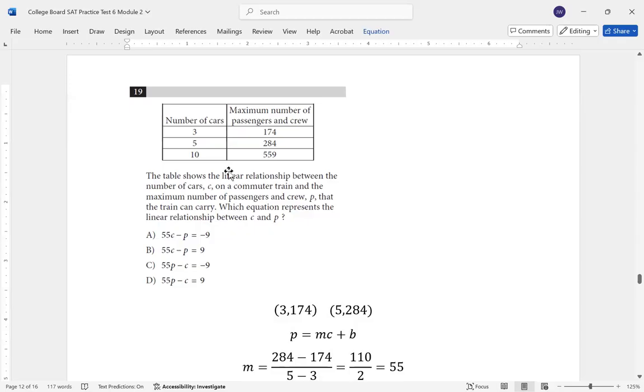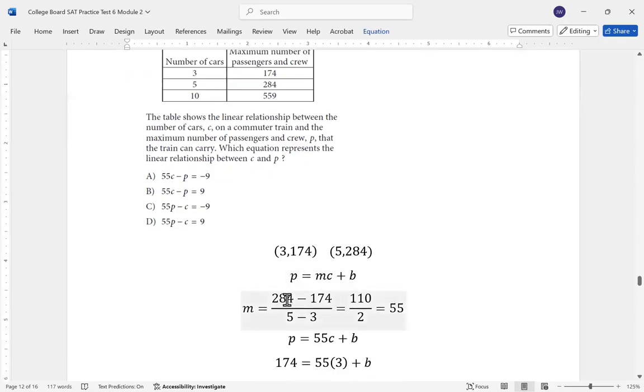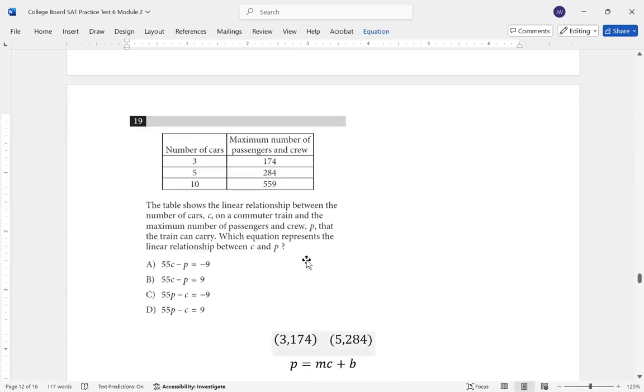That's another way, and that might be faster if you don't know how to create equations of a line by using 2 points on the line. So you could have also just plugged in number of cars into C, number of passengers, and then you do that for all three of these points and see which line gives you a true statement for all three of those values.